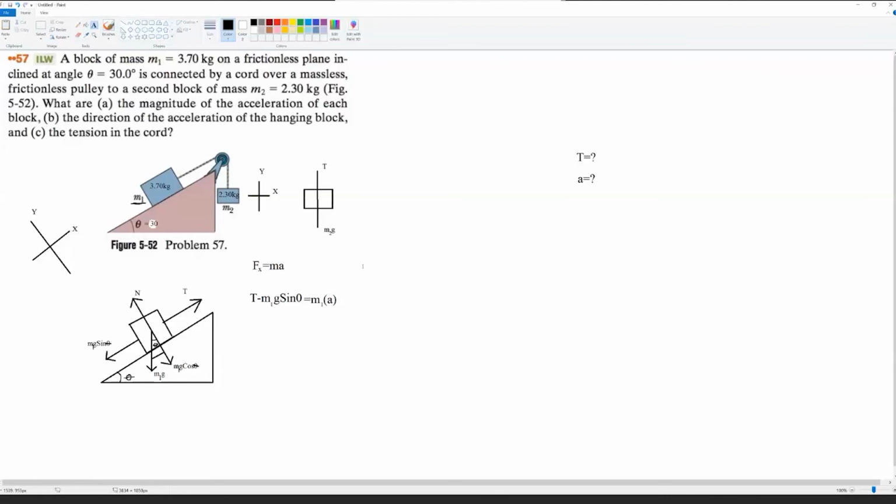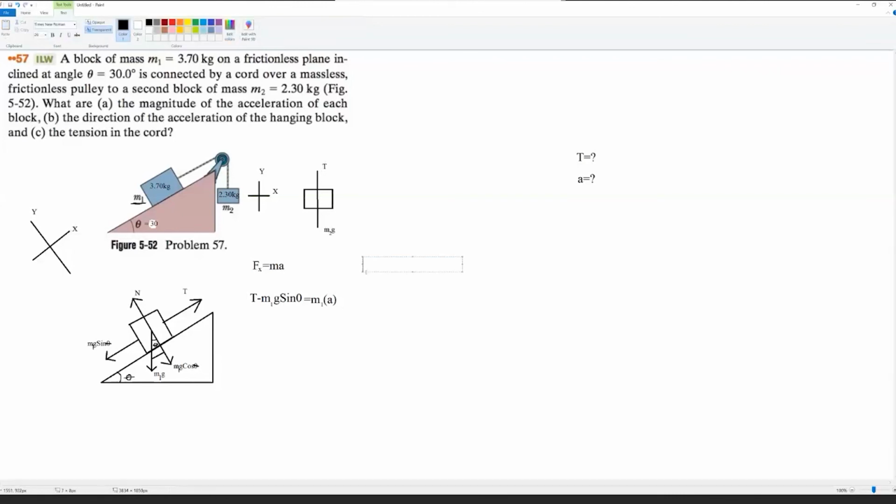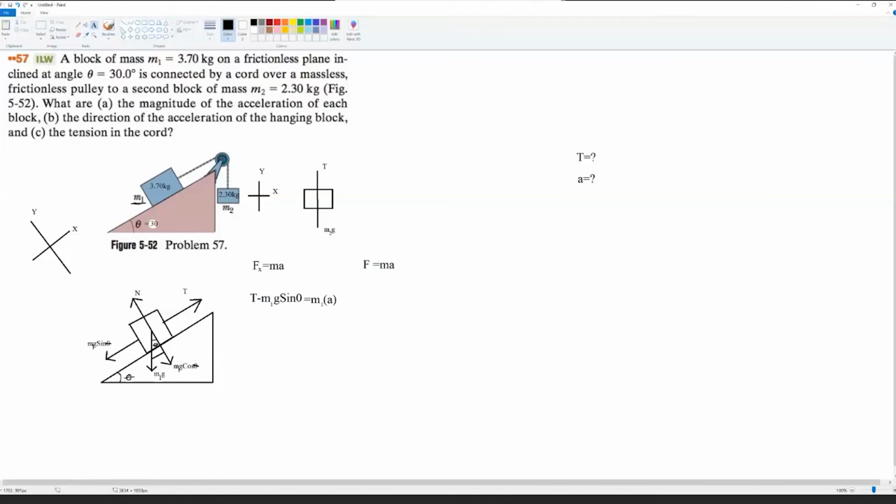So we're going to do the same thing we did before, where we are doing F sub y this time equals some mass times some acceleration. Now, since these blocks are tied together, we're actually dealing with the same acceleration factor.